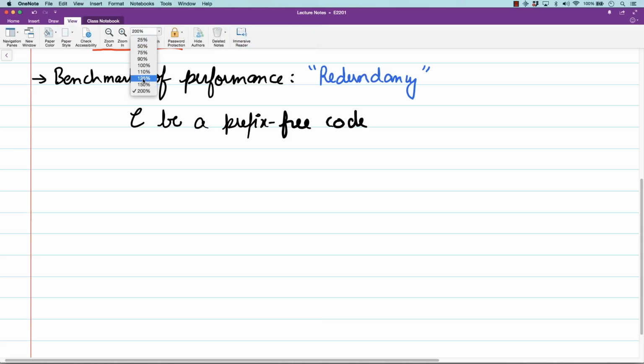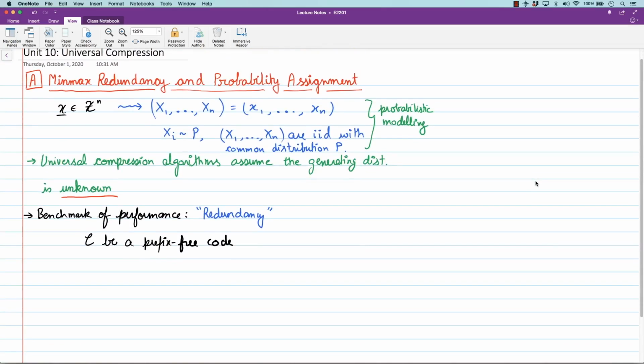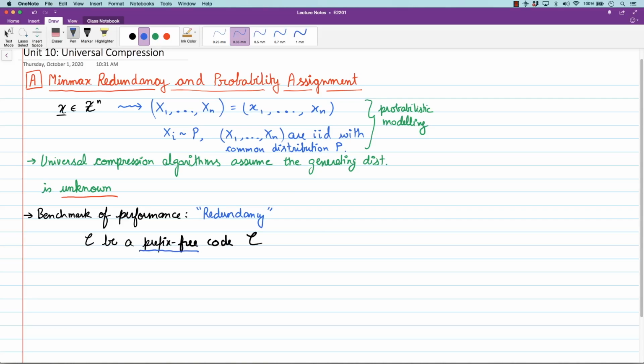Note that we are restricting to error free codes, and the description of the code and how it operates doesn't depend on the distribution. It's just a mapping from the alphabet to the binary sequences. So you can describe this code without knowing the distribution.